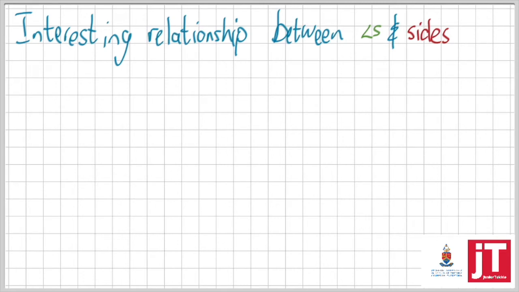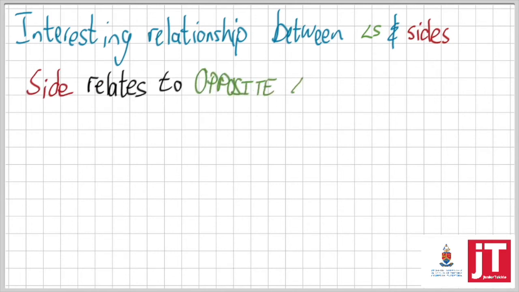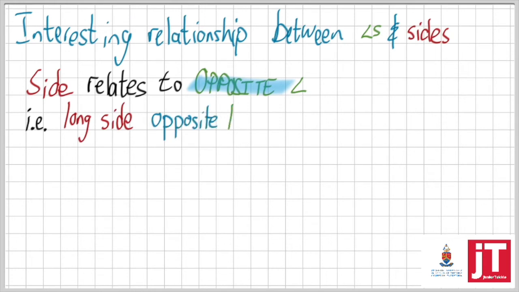So what is the relationship? Well, the length of a side always relates to the opposite angle. In other words, if I've got a long side, the opposite angle is going to be large. Long side, opposite angle large. If it's a short side, then the opposite angle will be small.